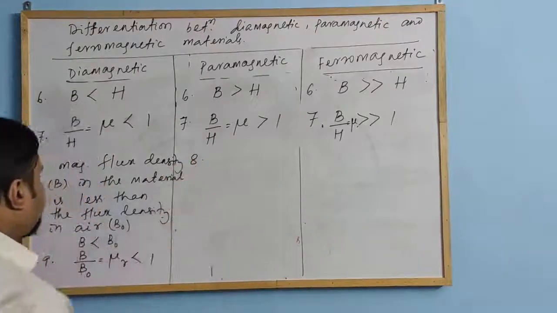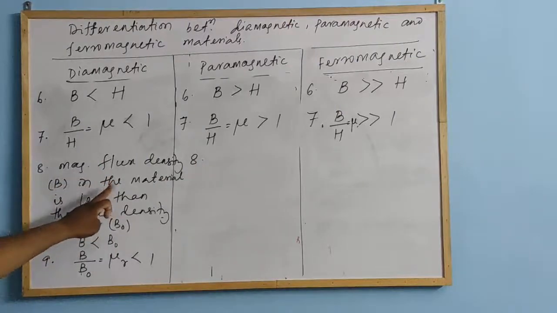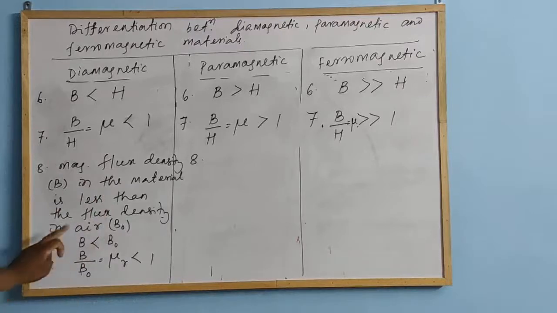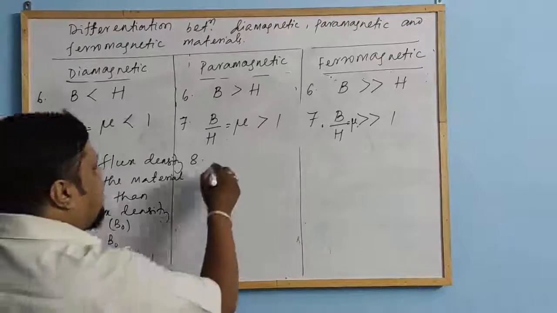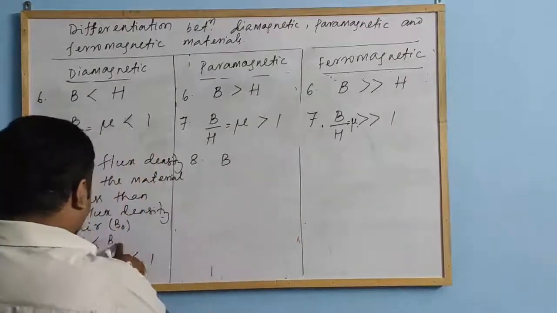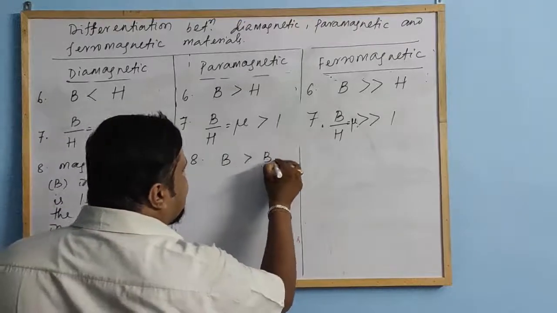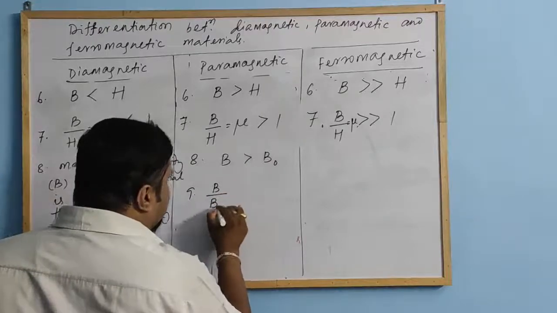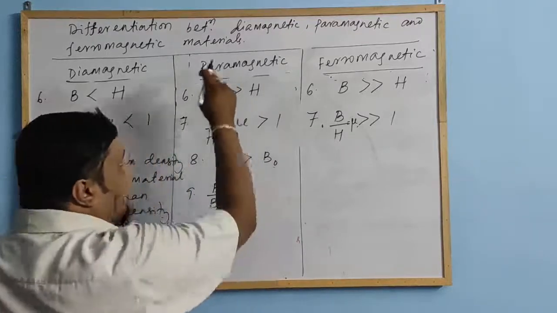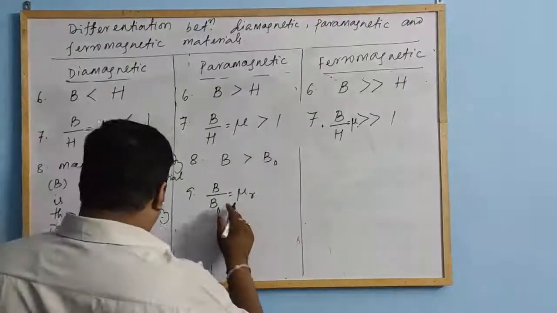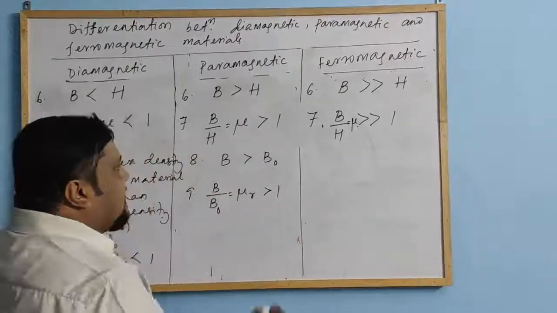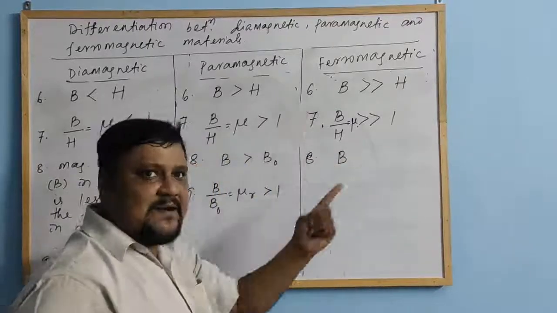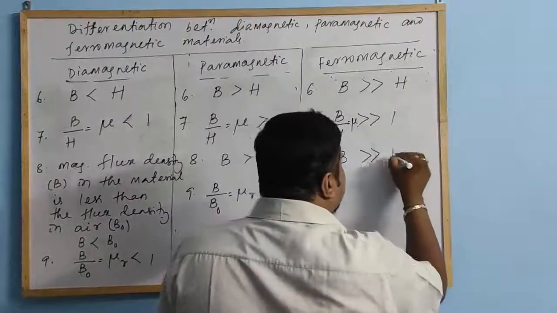Here, for paramagnetic material, the magnetic flux density in the material is slightly greater than the flux density in air. So B is greater than B naught. So in the next part you can write B by B naught, that is your relative permeability of paramagnetic material, is greater than 1. Here it is very larger than B naught.